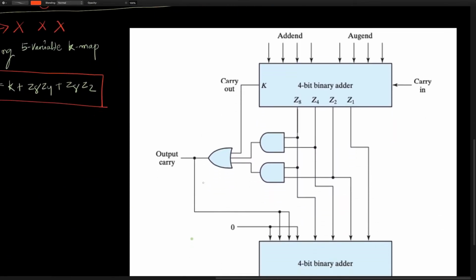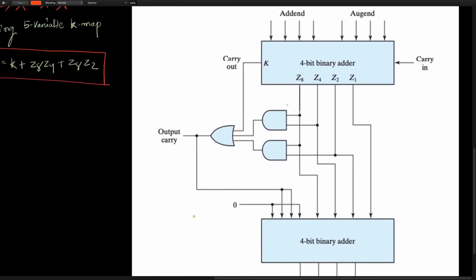Next we will discuss the actual implementation. As we have 4-bit additions, we are going to use a 4-bit binary adder circuit here, with a carry in if there is any carry. This is the first number, this is the second number, and the addition result is calculated as the binary equivalent of the decimals, not the BCD values.